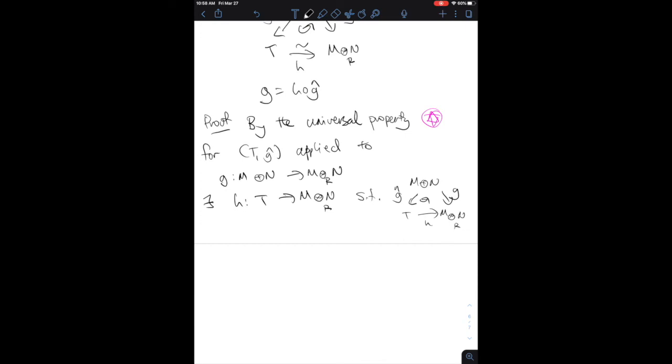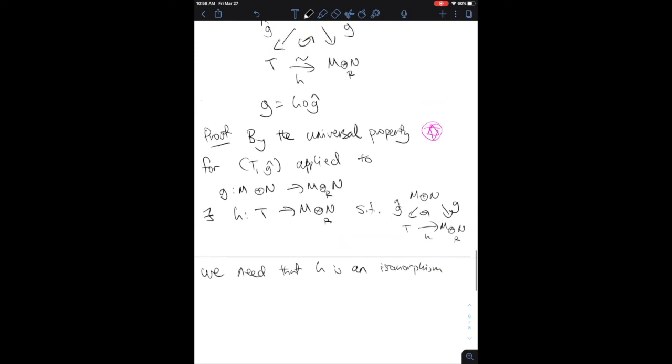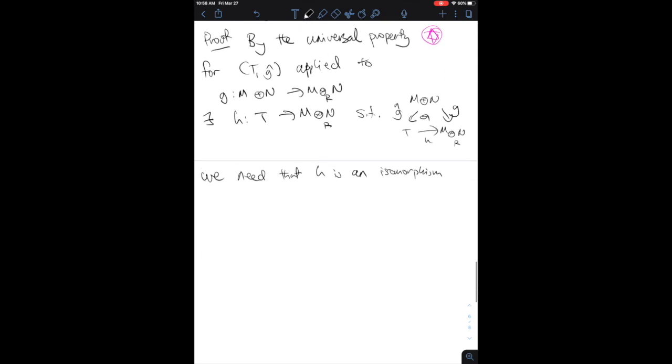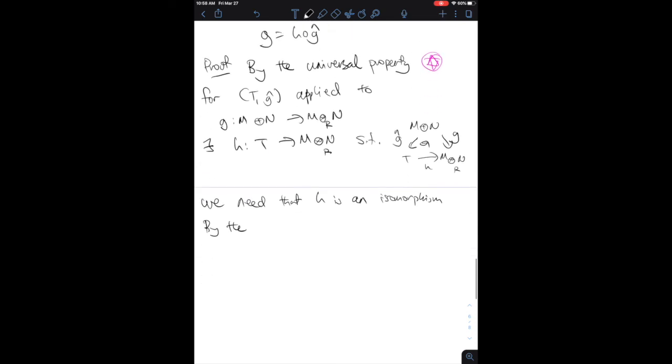Okay, so what we need to show is that H is actually an isomorphism. But we also know that the universal property holds for the tensor product, so we can use that here. So we now replace T and the tensor product in the argument.